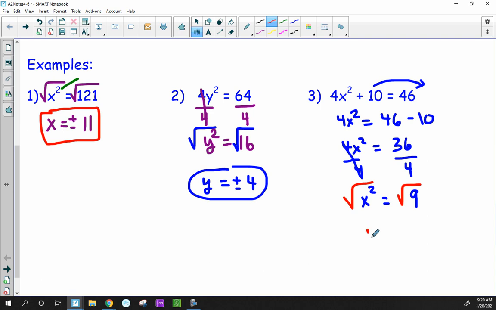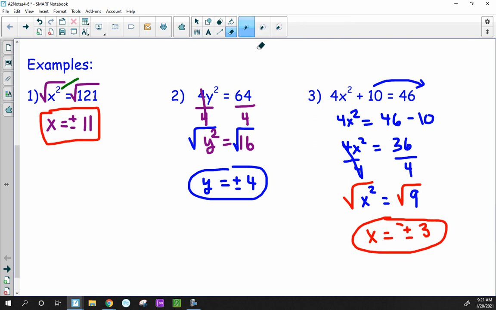You're going to drop down your x equal, and the square root of 9 is a positive 3 and also a negative 3. Okay, and that's the amount of steps that you need to show, and please make sure you show all your work.